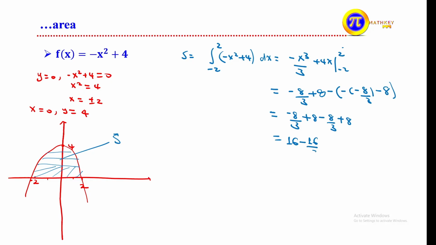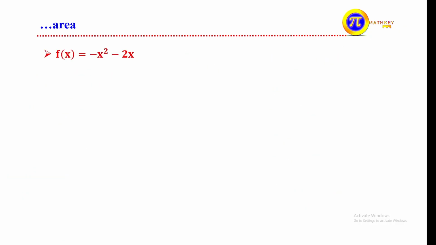Since our LCM is 3, as we did before, the result becomes 48 minus 16 over 3, with the common denominator 3. So 48 minus 16 is 32 over 3 square units. This is our area. We can solve it in that way.